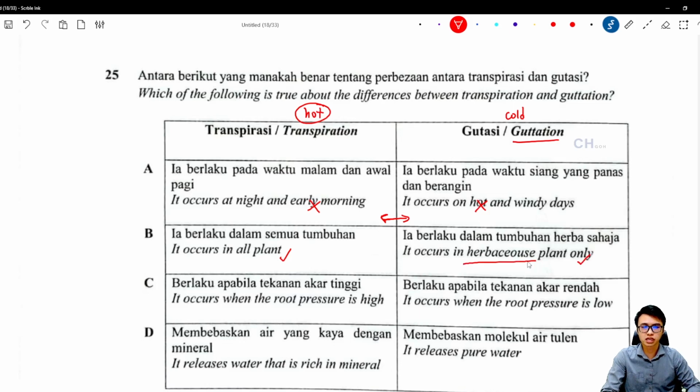Why herbaceous plants, guys? Because herbaceous plants are short. This is a tall tree, and this is the herbaceous plant. Herbaceous plants are short, so water can be easily forced all the way up to the leaf by the root pressure.